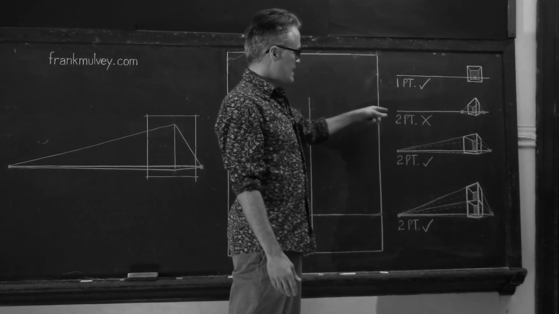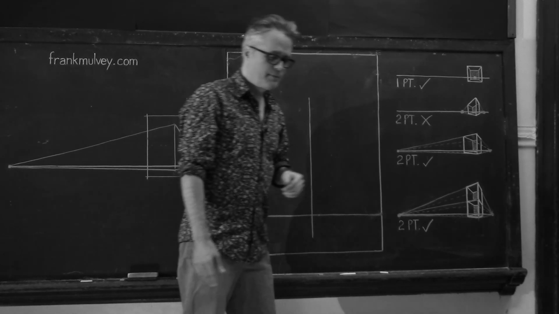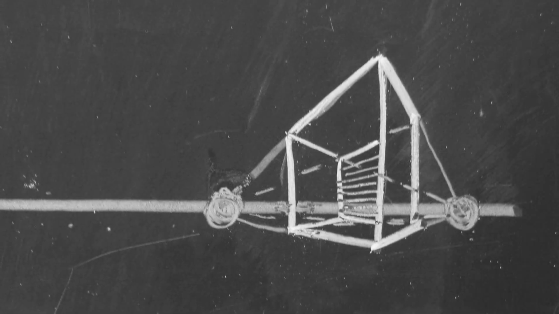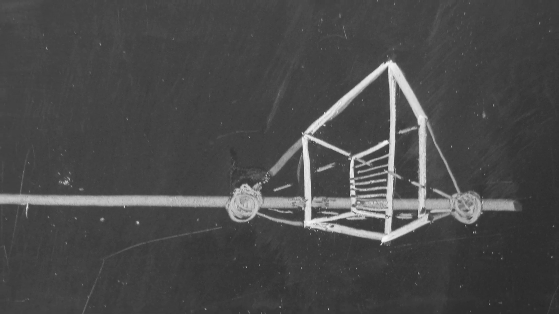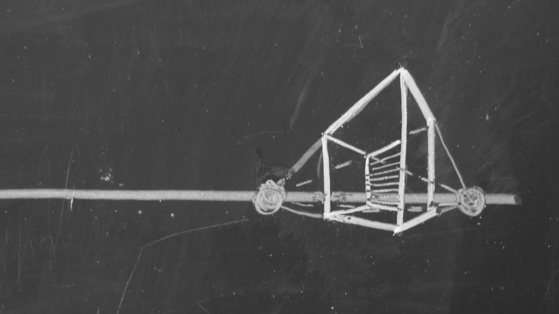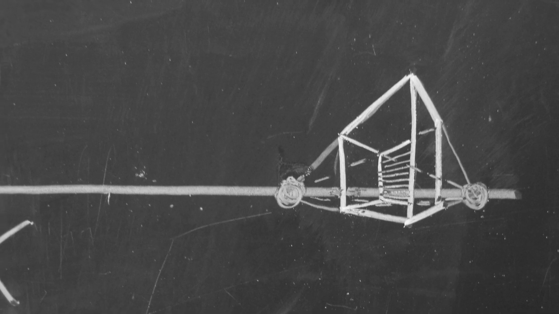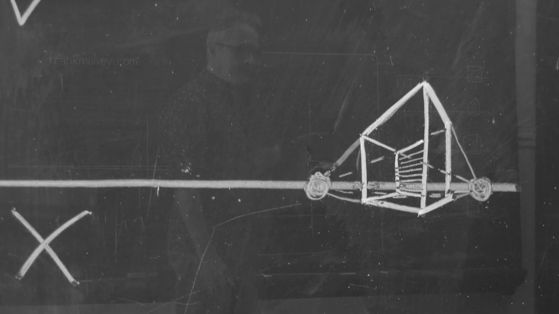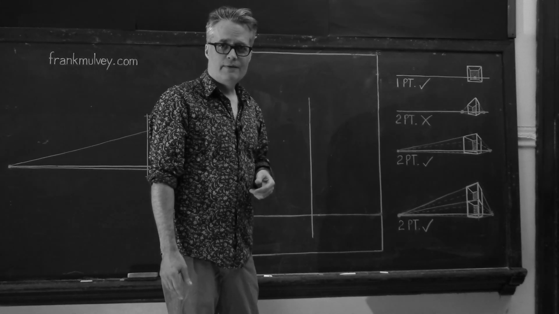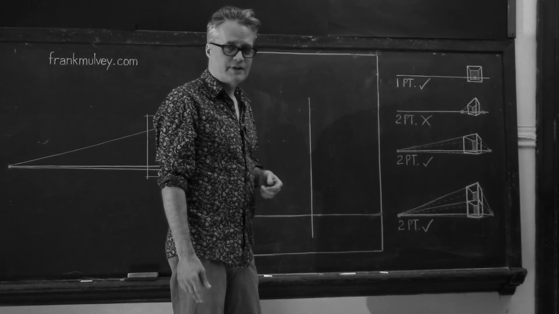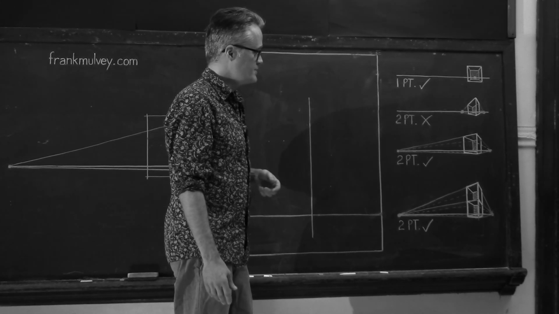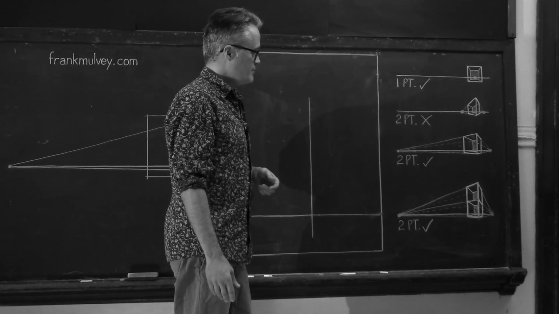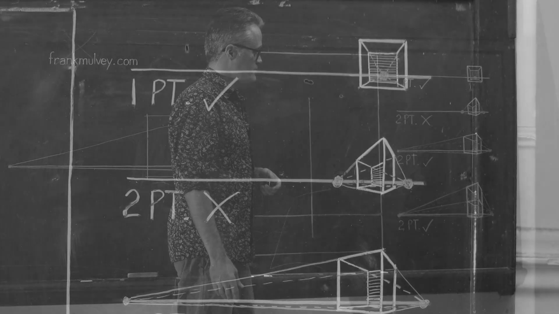The second example shows what happens when you put vanishing points too close to each other, squeezing up against the subject matter. That's a problem because you're going to get a very distorted representation of architecture or whatever your subject matter is. It's going to look distorted because those vanishing points are very close to each other.